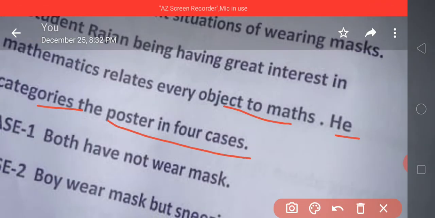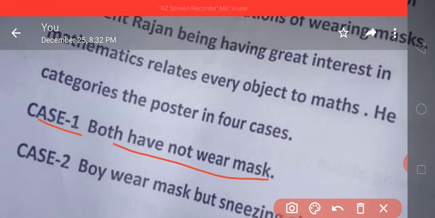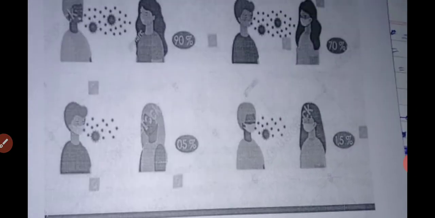Case 1, both have not worn a mask. Case 2, the boy is wearing a mask but the sneezing girl is not having a mask. And you can see the poster also. Case 3, the boy has not worn a mask but the sneezing girl wears a mask. Case 4, both have worn masks but the infection is in the air.